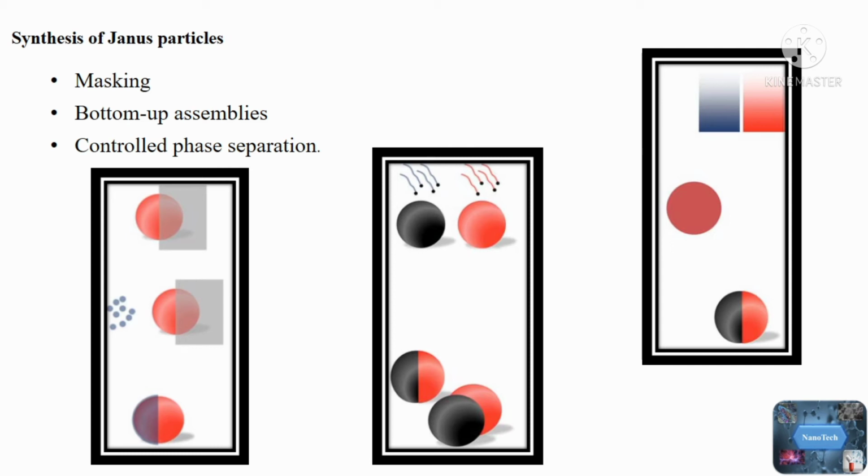In this method, two incompatible substances are mixed to form a perfect mixture, and then separated into their own domains, while still being part of a single nanoparticle. The evaporation of the solubilizing solvent is the most useful trigger, but controlled separation can also be achieved after in situ polymerization.